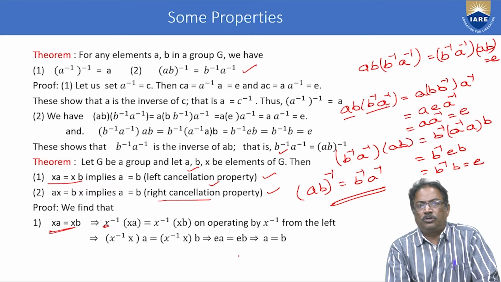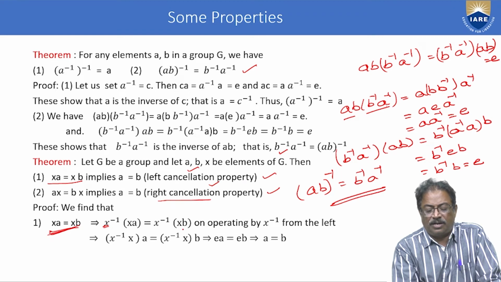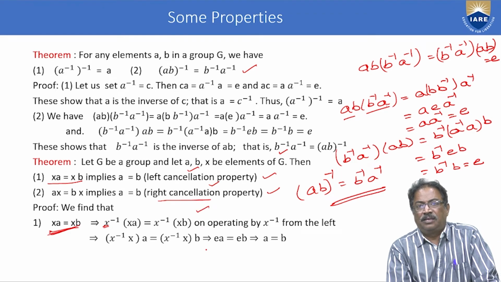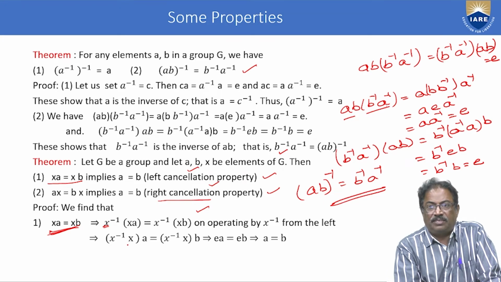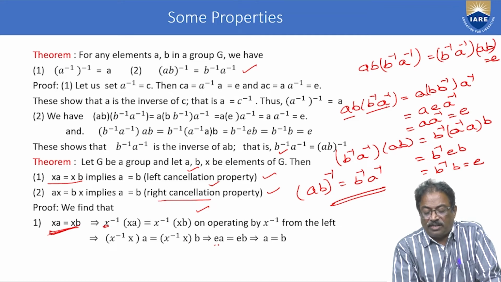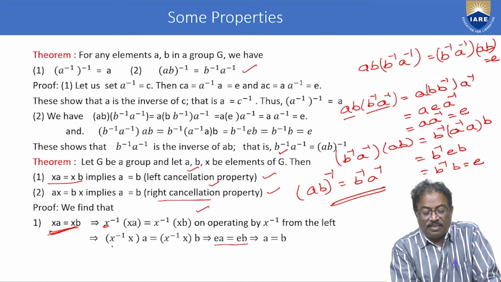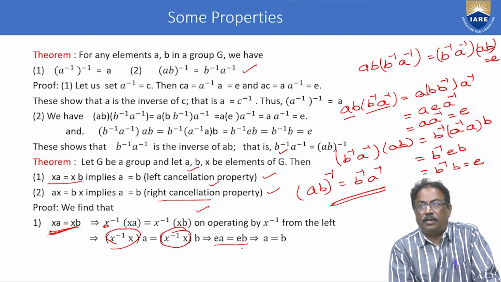Now we pre-multiply X inverse on both sides. Once associativity is applied, we get X inverse X into A, X inverse X into B. So it is EA is equal to EB.